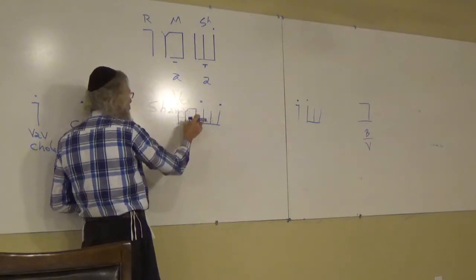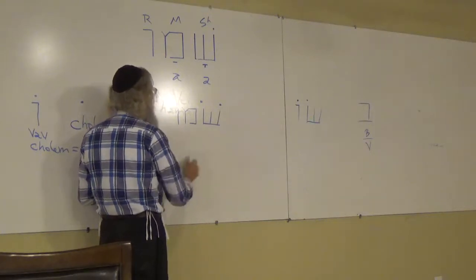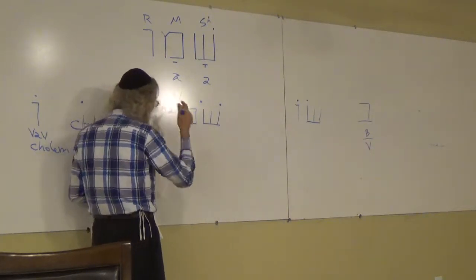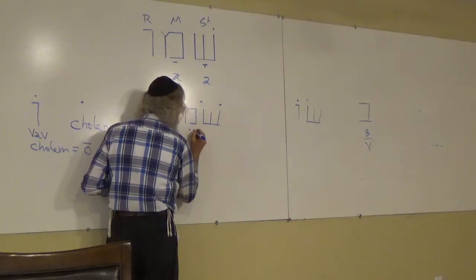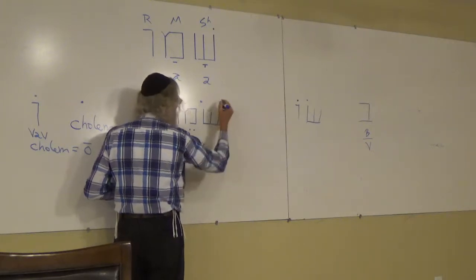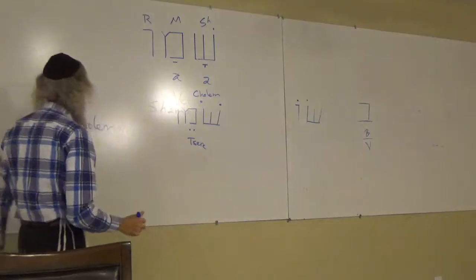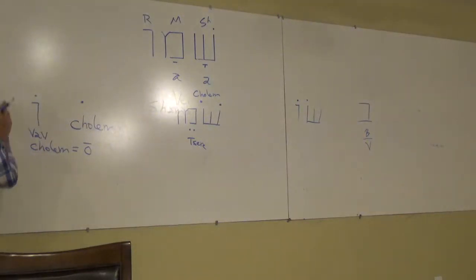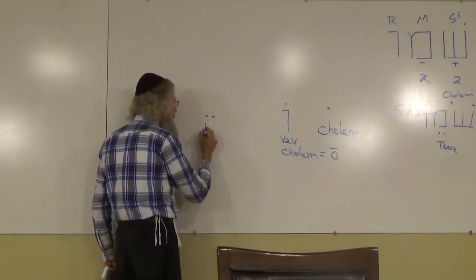Now you have the mem, and you will lose this A, and it will become a tzere. And the tzere is the two dots side by side. So you have the cholem, and you have the tzere.